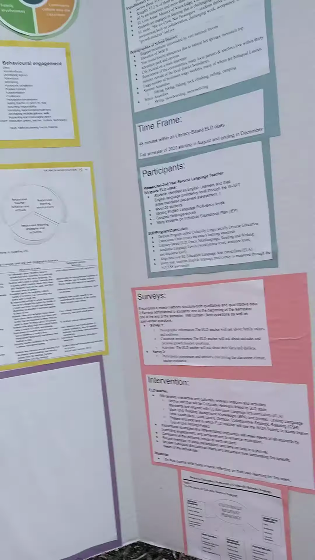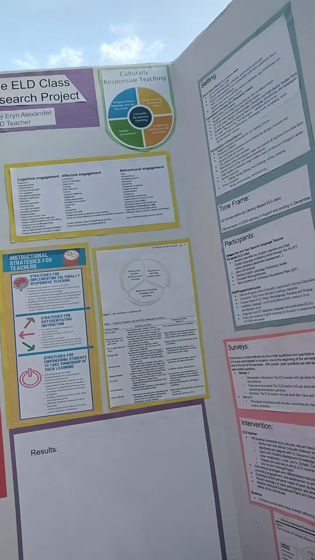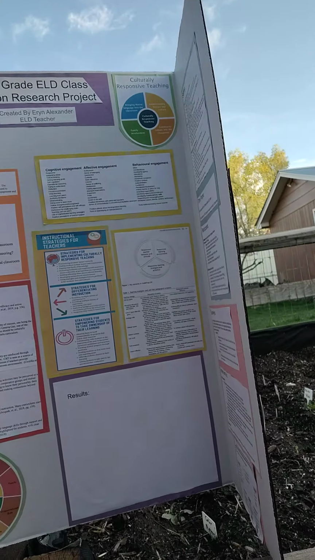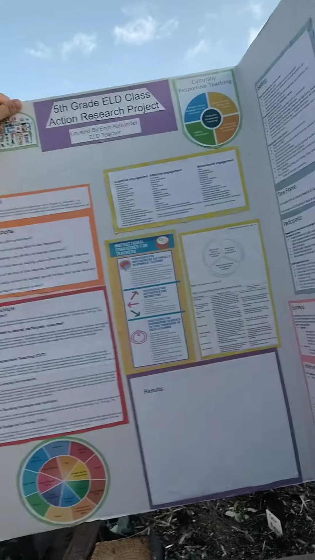These are some more ideas of how I can implement different culturally relevant strategies to see if I can motivate the kids a little more, engage them, and see if trying some new strategies will work next year.